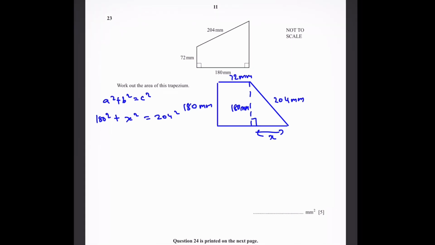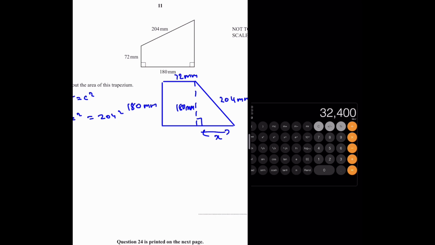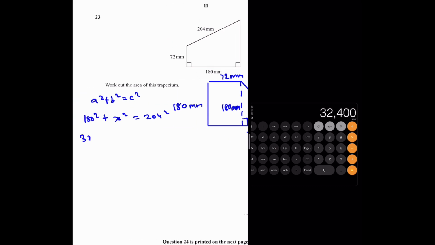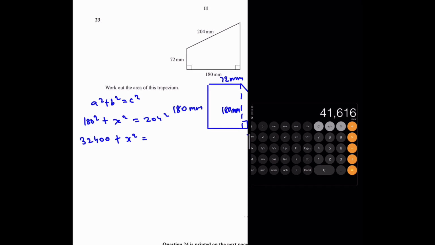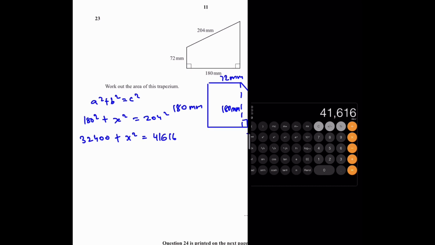Let's get our calculator out. 180 squared, 32400, plus x squared is equal to, what's 204 squared? 41616. Means x squared equals this number minus 32400.